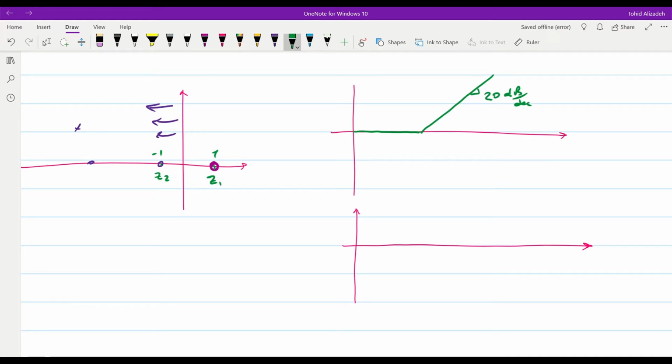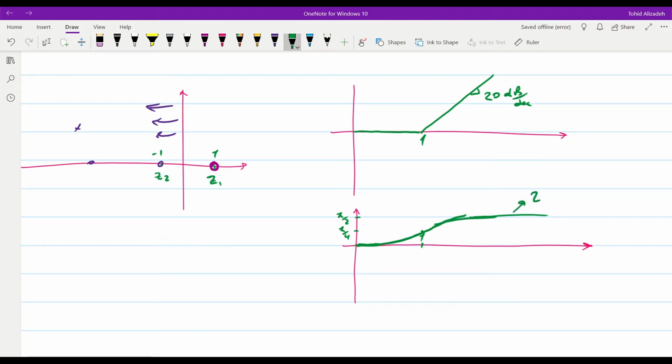But then in terms of the phase, you can see that for the zero on the left side, for Z2, the phase will start from 0, it will become plus pi over 4, and eventually it will reach plus pi over 2. So this will be the phase diagram for the zero on the left half plane.